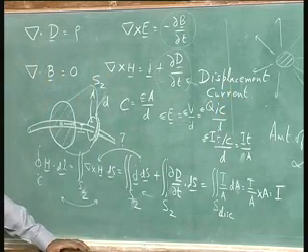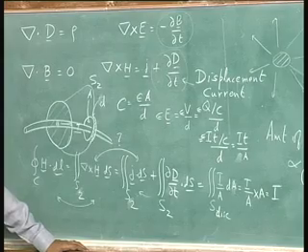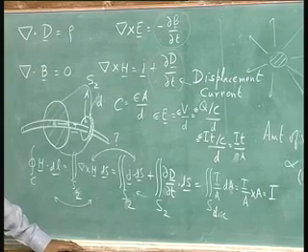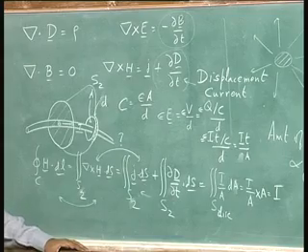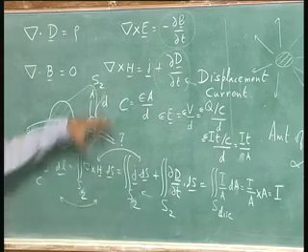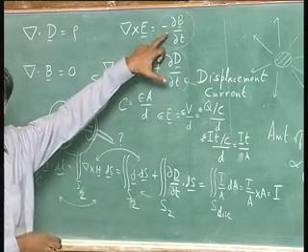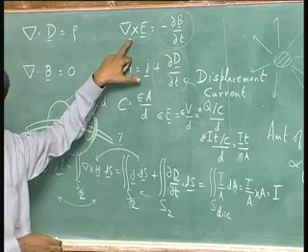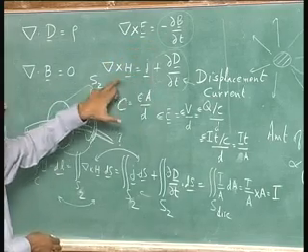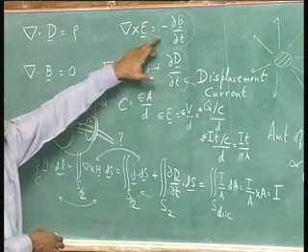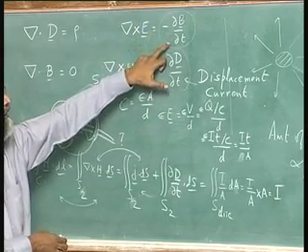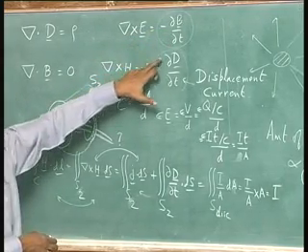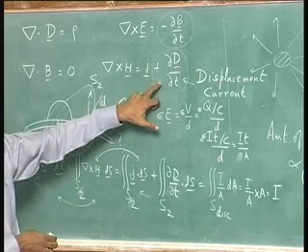Ultimately, it is required because the time changing electric field induces magnetic field, even as the time changing magnetic field induces electric field. So, both of these are happening. You have an electric field caused by time rate of change of magnetic field, and you have a magnetic field caused by time rate of change of electric field.